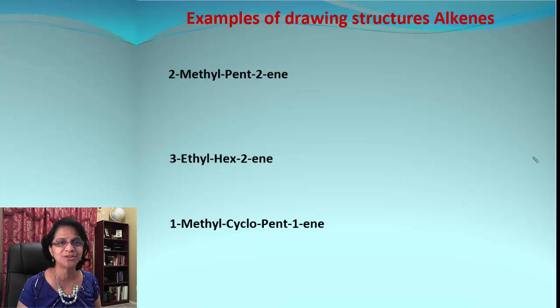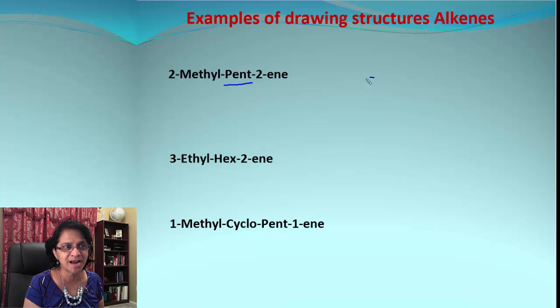And now we are going to draw the structures of alkenes when we are given the name. So let's see how we are going to do that. We've got 2-methylpent-2-ene. Look at the root name. It's pent. Pent means 5 carbon atoms. So I'm going to begin by writing a chain of 5 carbon atoms. Then I have a double bond at position number 2.